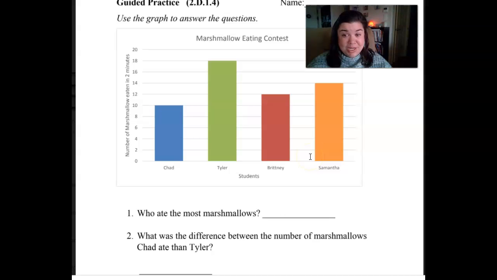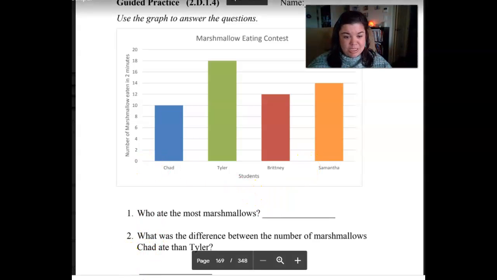Question is, how many marshmallows were eaten all together? So what does that mean? Are we going to do addition or subtraction? They want to know the marshmallows that were eaten all together. So let's put these numbers up here again. So we had Chad eating 10, Tyler eating 18, Brittany ate 12, and Samantha ate 14 in 2 minutes.